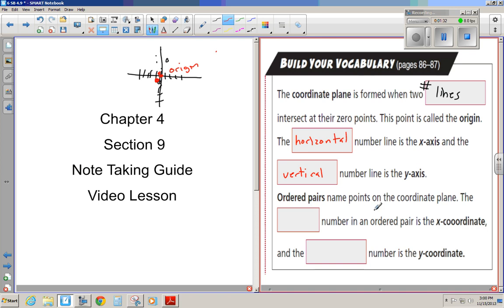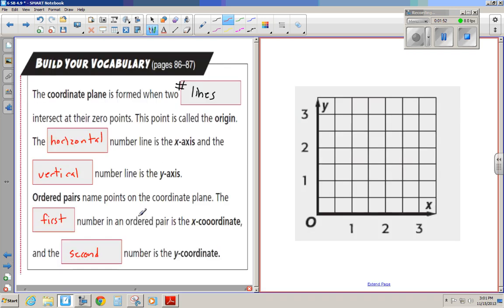Ordered pairs name points on the coordinate plane. The first number in an ordered pair is the x-coordinate, and the second number is the y-coordinate. So looking here, this is a coordinate plane.